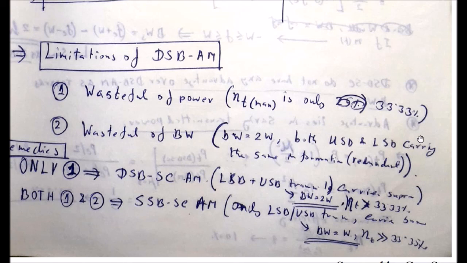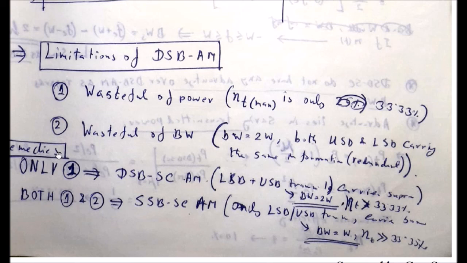You are sending both of them, although both of them are carrying the same message. That's why the bandwidth is becoming 2W. So it is wasteful of bandwidth also. You can reduce this bandwidth to W by using only a single sideband, either upper sideband or lower sideband. Okay, so it will be discussed later.